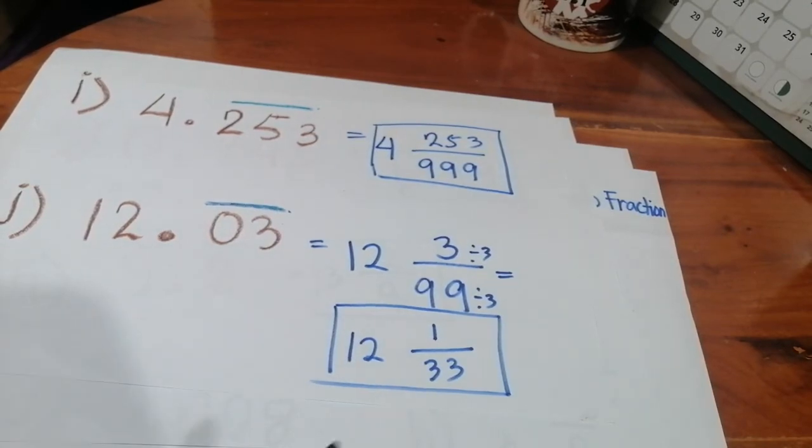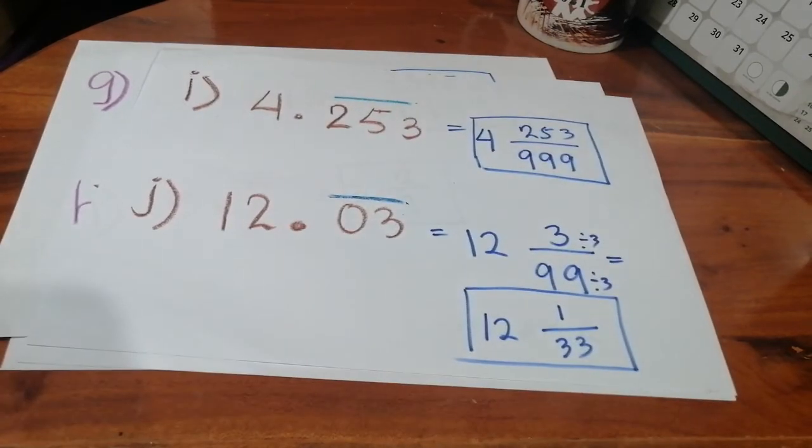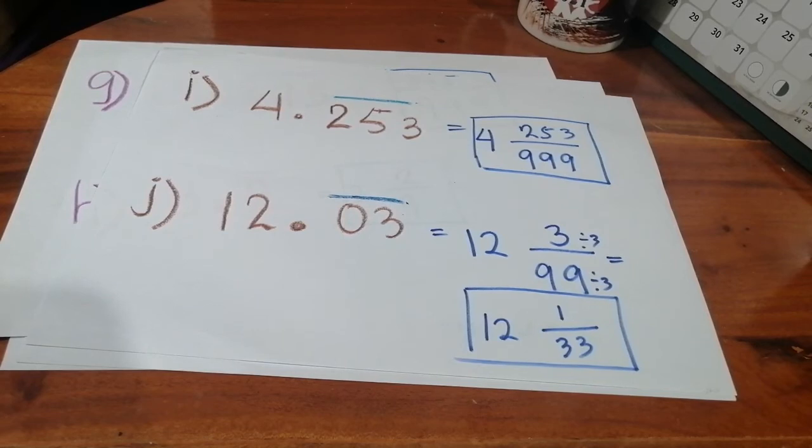Okay, so that's how we change decimal to fraction using the technique, or the simplified way, the easiest way, instead of doing the long method. Just don't forget, all you need to do is look at the number of digits after the decimal point, and that number of digits will tell you how many zeros or how many nines you will put as the denominator.